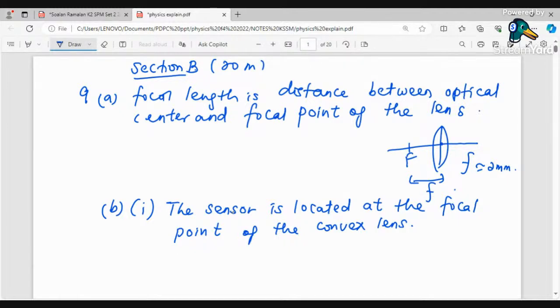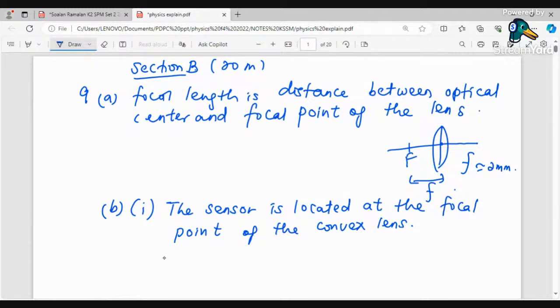What happens if the sensor is at the focal point? When you try to snap a picture of an object which is very far, the light coming is parallel to the principal axis.